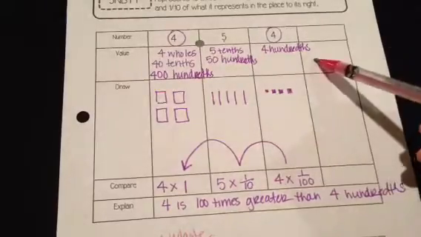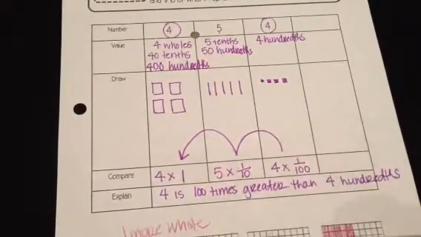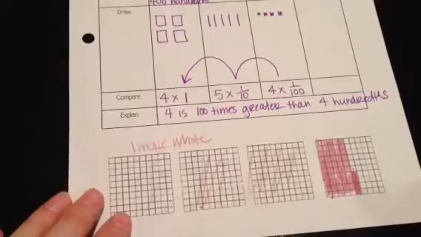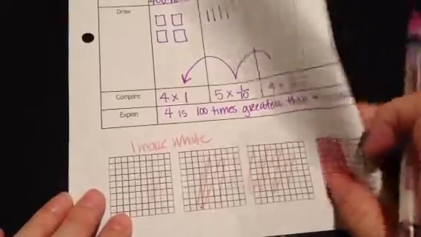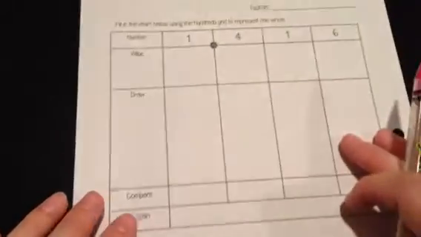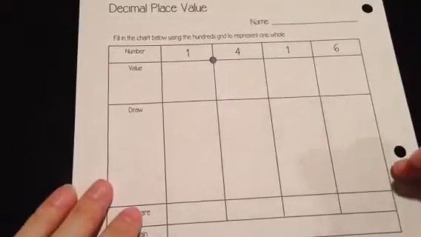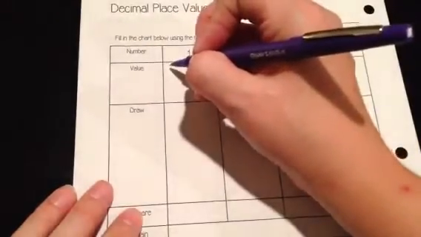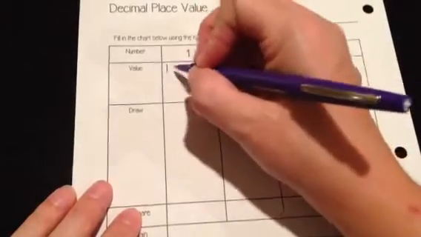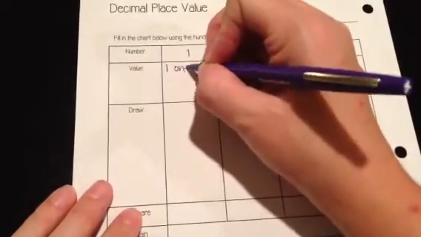So we've represented this 4 and 54 hundredths with a drawing. We've talked about the values, we've compared the digits that are the same, and we've also represented it in a picture. On the other side, we have a number that goes out into the thousandths place. So we have the number 1 and 416 thousandths. And again, when we talk about the value, we have the 1 representing 1 one.